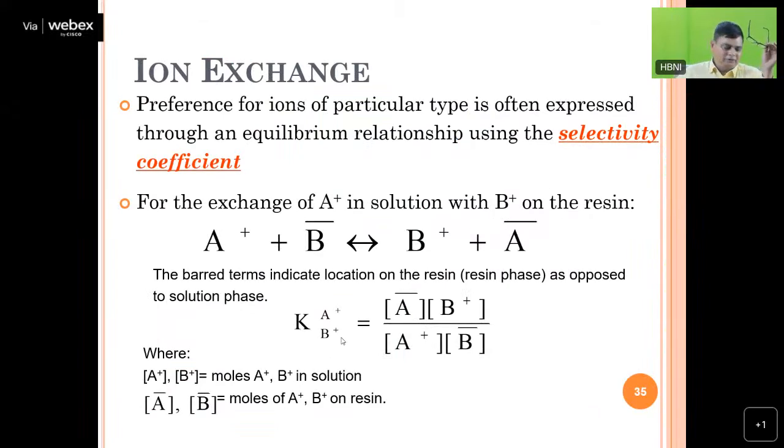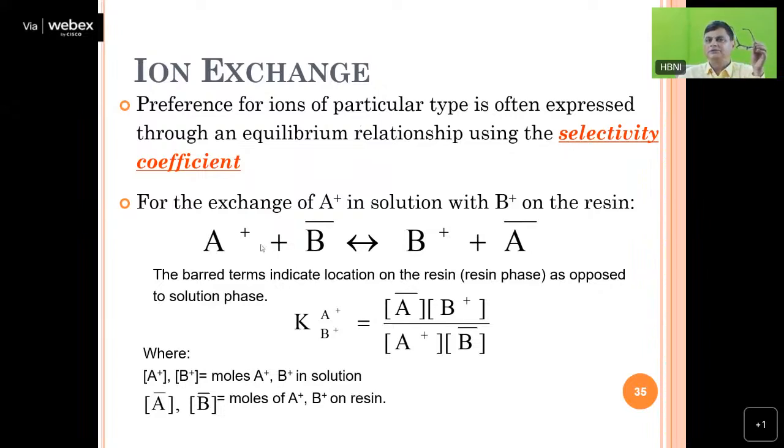So the principle of this ion exchange is preference for ions of a particular type, which is often expressed through an equilibrium relationship, that is the selectivity coefficient.